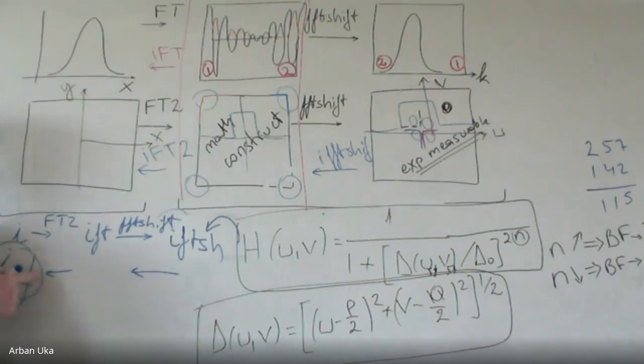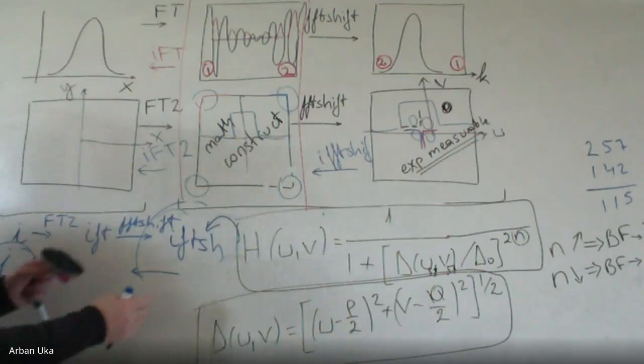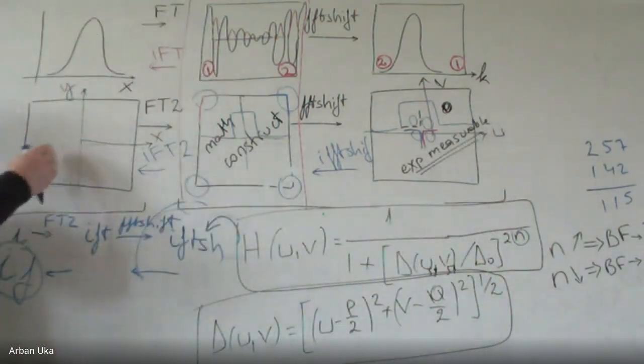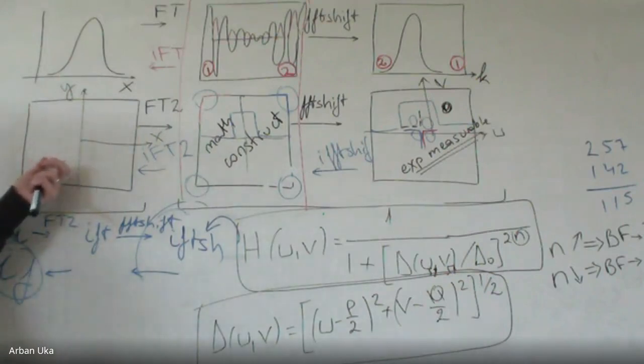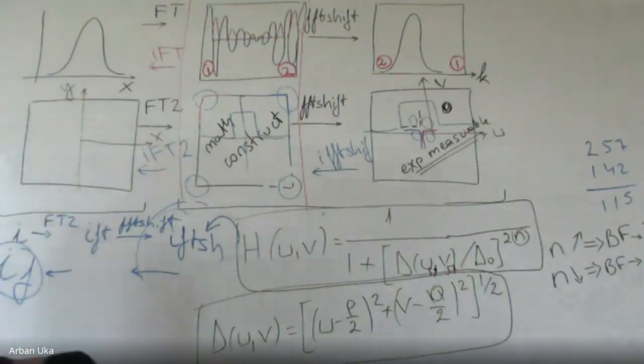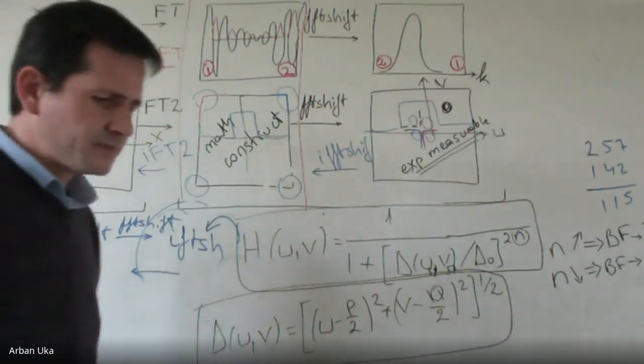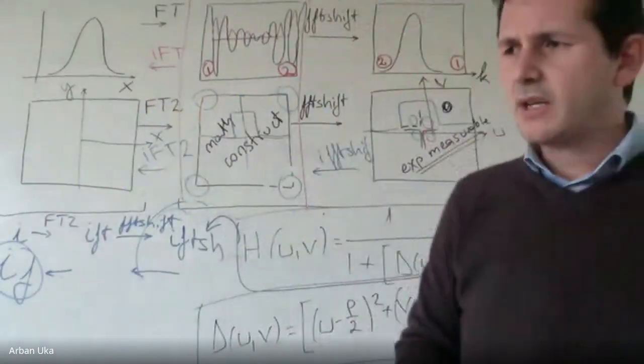But the filtering is done in the Fourier domain. So the filtering is done in this complex domain here, but we observe the changes in this other domain. And now the filters that we explained here were low-pass filters.